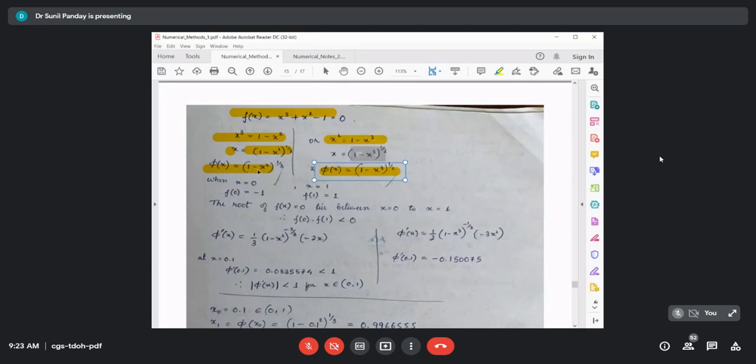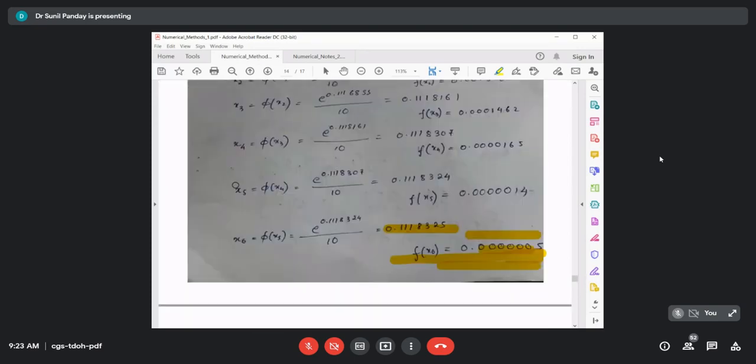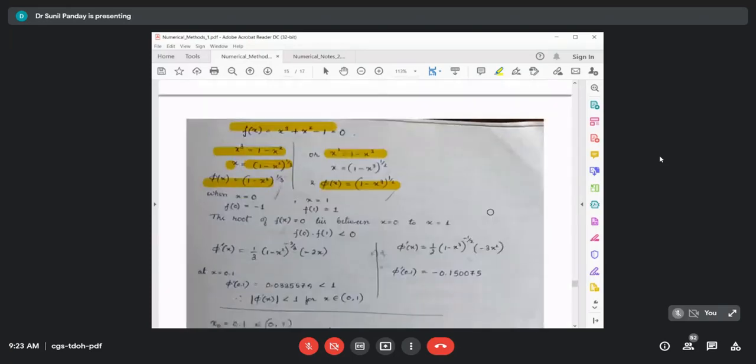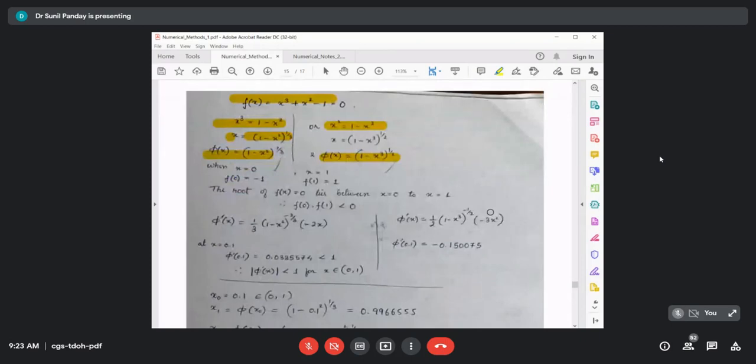and both are iteration functions. But we have to check whether these phi x satisfy the condition, that the absolute value of phi dash of x is less than 1 within the domain of the root. If it is satisfied by both of them, then we can apply both of them. If it is not satisfied by one of them, then we leave that phi x.